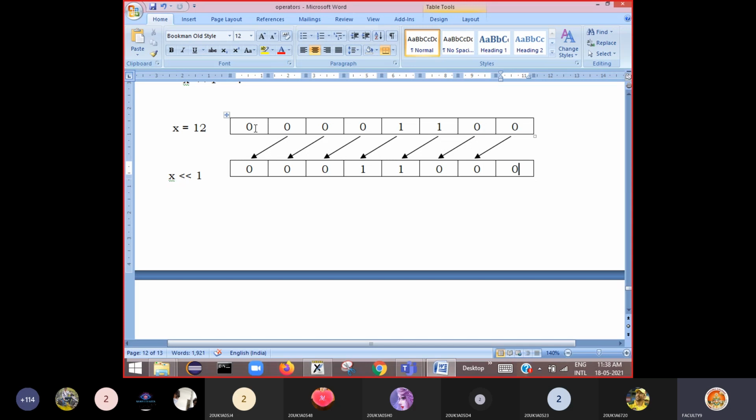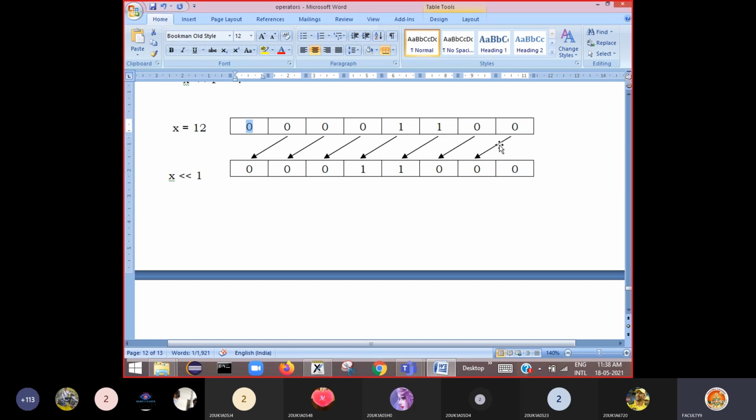Then what is happening when you move all the bits towards left? Now this first bit will go out here. Because there is no space here, it goes out. That means this will be discarded. Then the second bit comes to the first bit position, third bit comes to the second bit position, fourth bit comes to the third bit position.